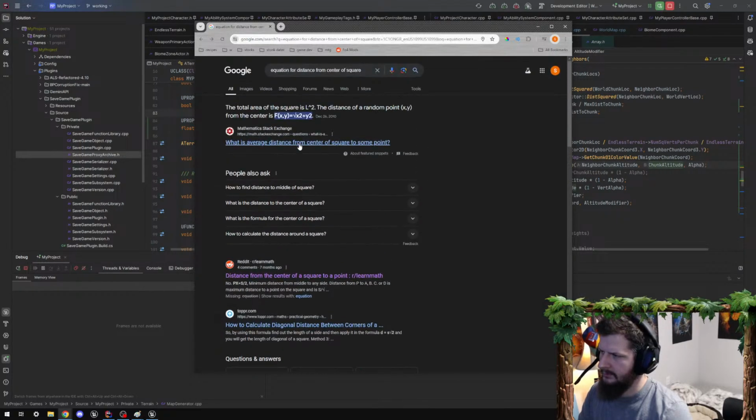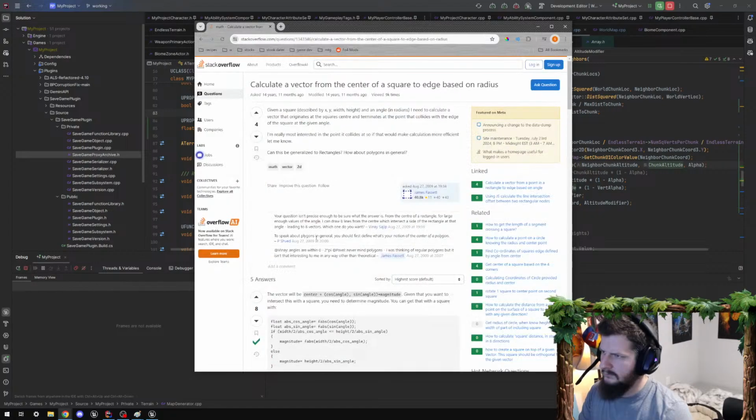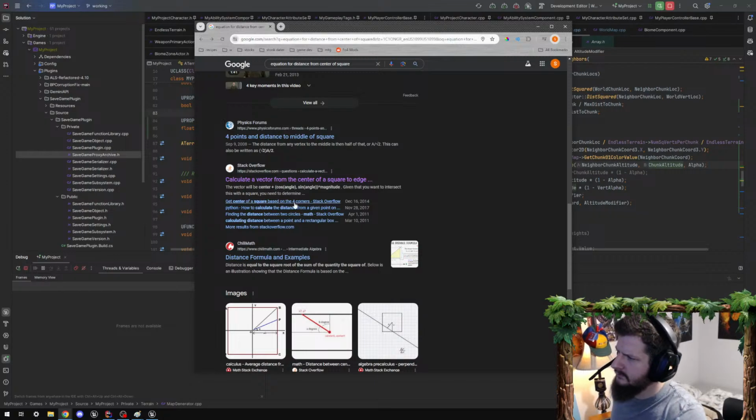Doesn't help. Calculate a vector from center of a square to edge based on radius. That's not quite what I'm looking for.